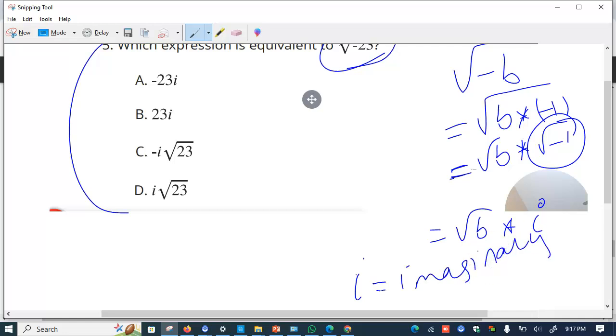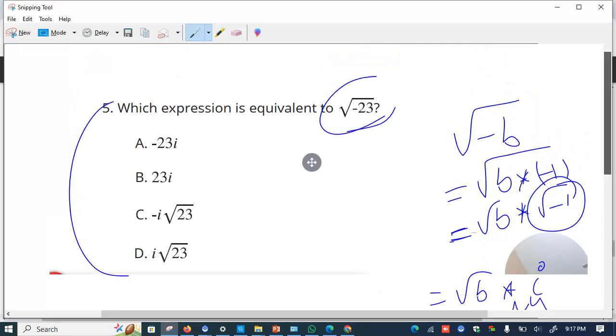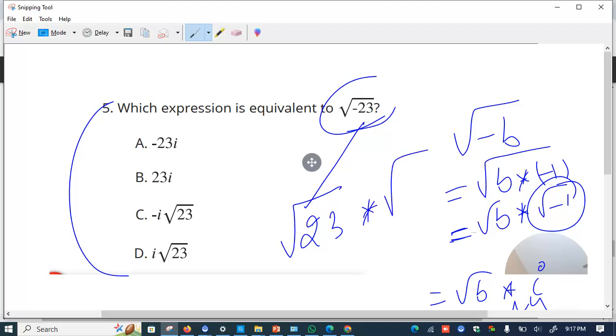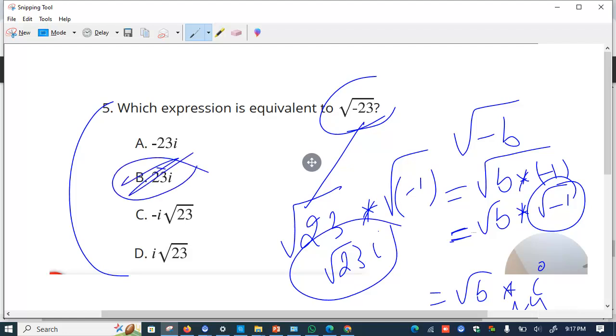Okay, so the example that they gave should have been straight away 23 under the radical, and then this one, which is I. If you see this, this is the correct one.